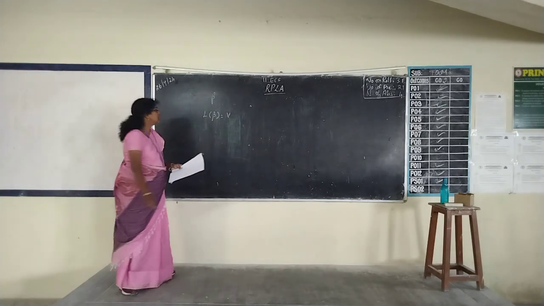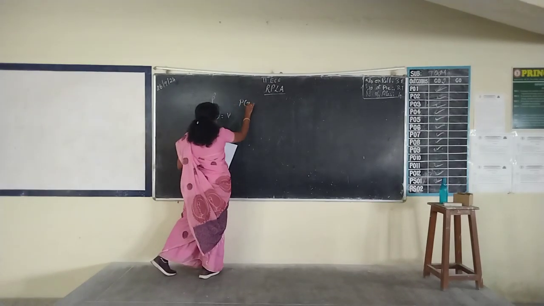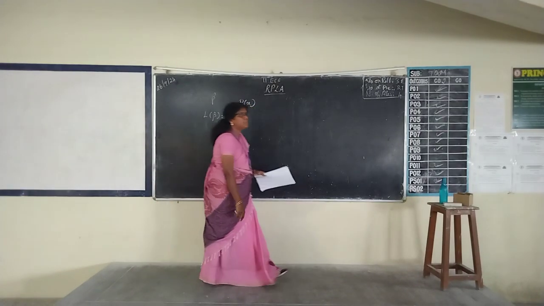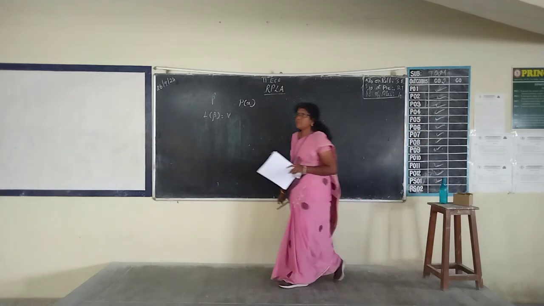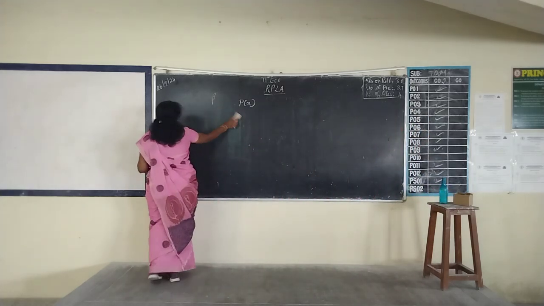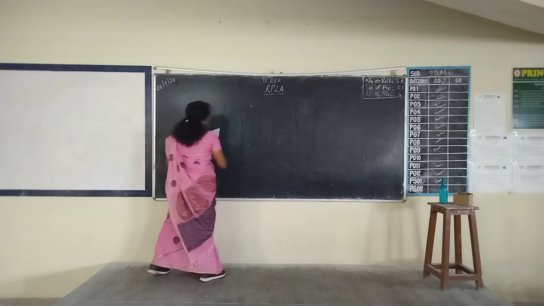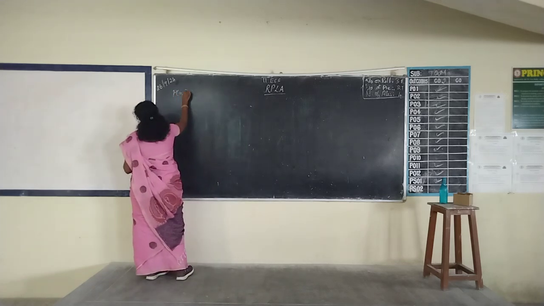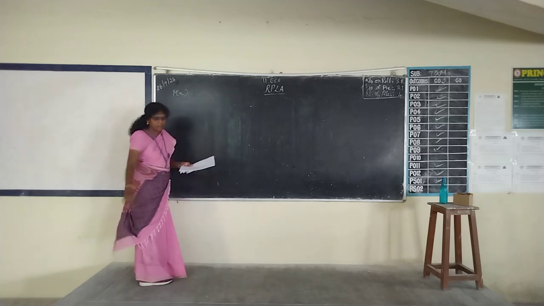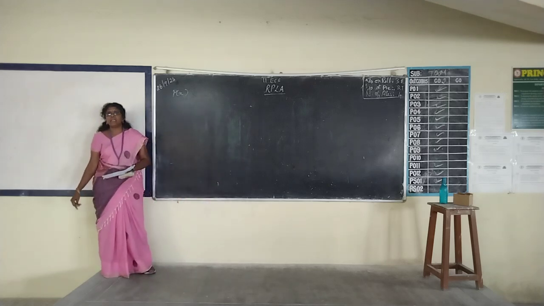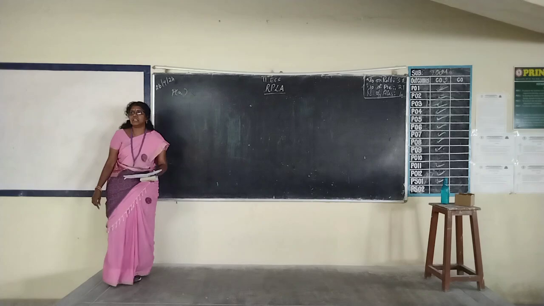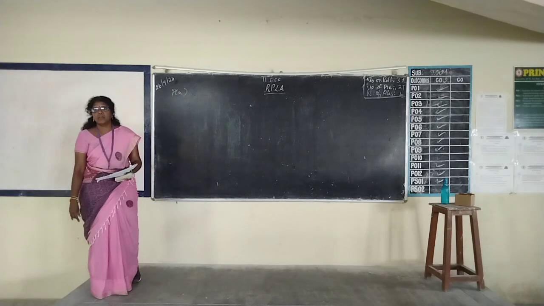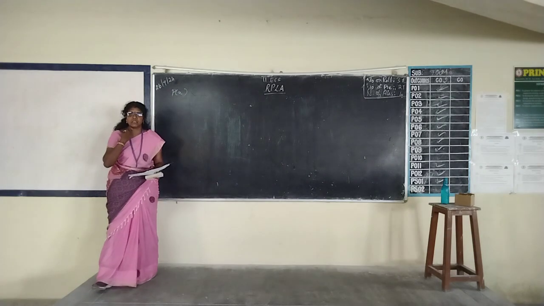So take the problem. Let P of x be the set of all polynomials of degree n over the real numbers, that is, the coefficients will be real numbers.